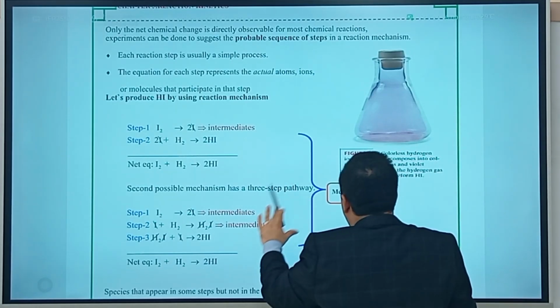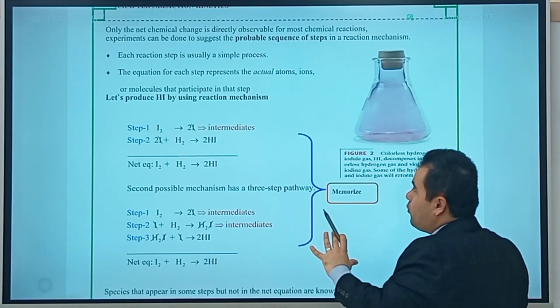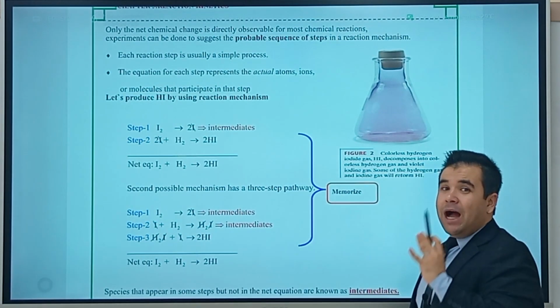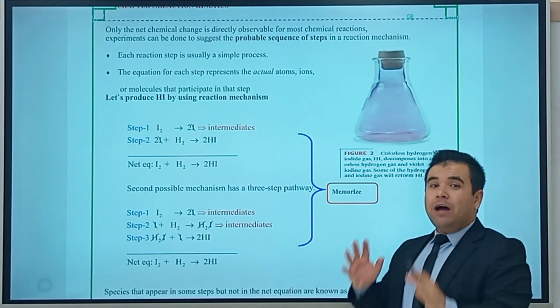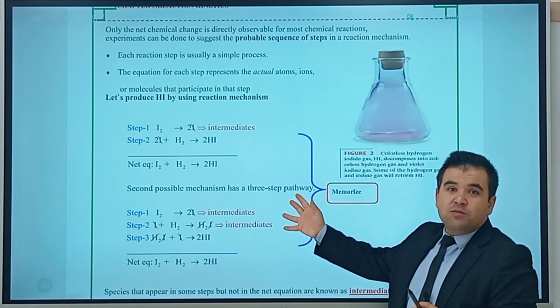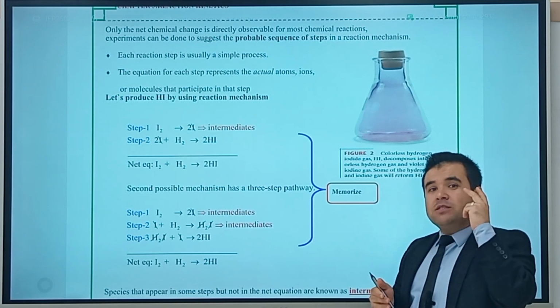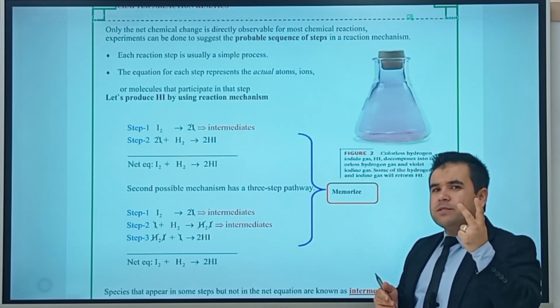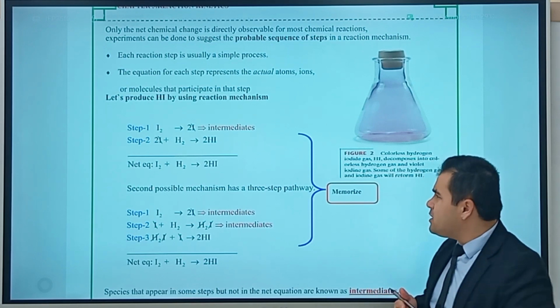For the formation of hydrogen iodide, you have to memorize both mechanisms. The first mechanism occurs in 2 steps, the second mechanism in 3 steps.